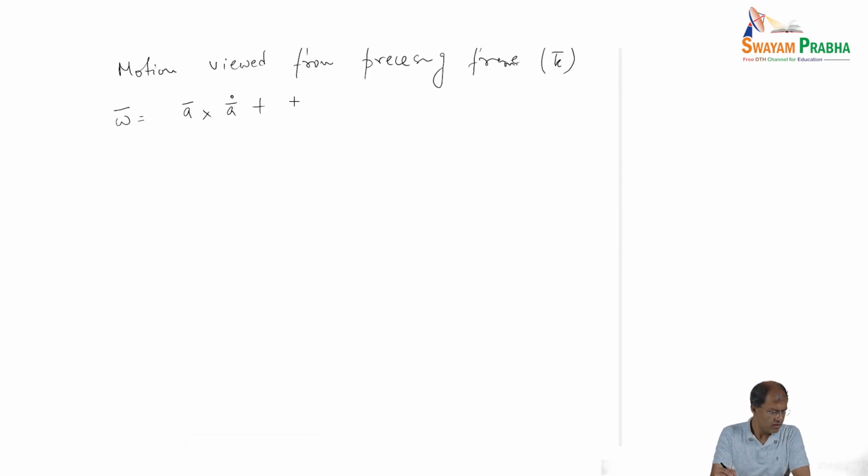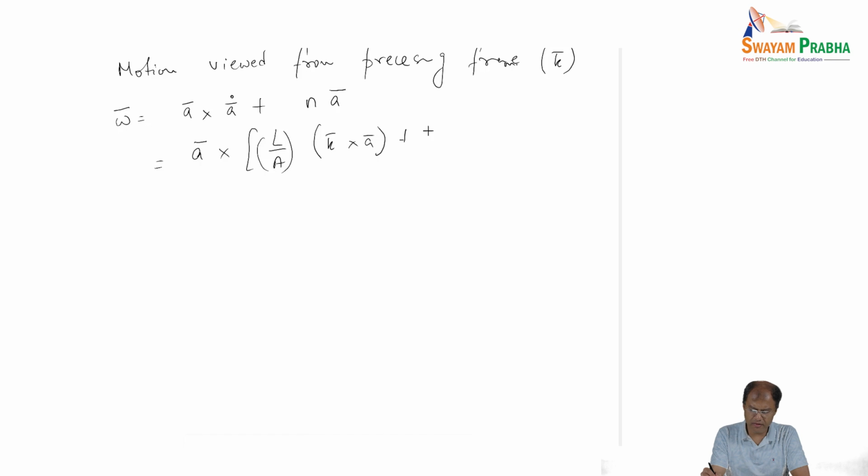So this is plus N times A vector A, and this is going to be A cross L by A, K cross A, and then this is plus L cos alpha by C. So we are just substituting the values.